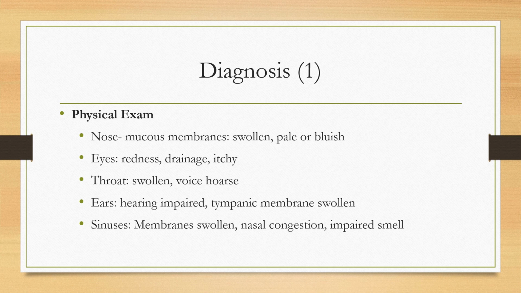Their voice is going to be hoarse. They may be hearing impaired at the time of the event because the tympanic membrane may be swollen. Their sinuses, those membranes are going to be swollen, so they're going to have that nasal congestion. They may not be able to smell very well.